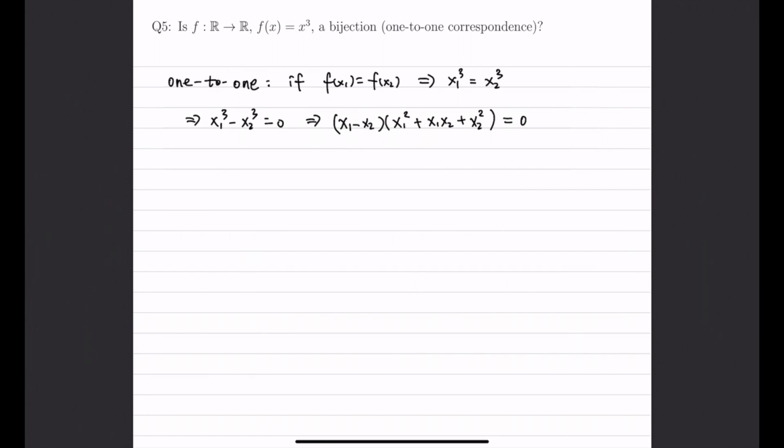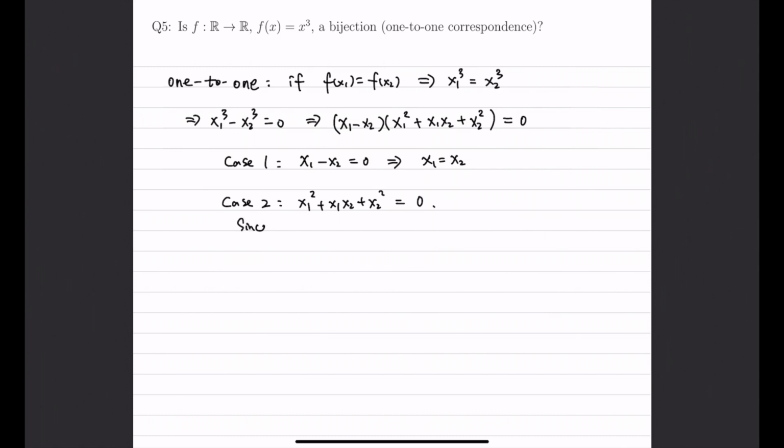So we have two cases. Case 1, x1 minus x2 is equal to 0, which implies that x1 is equal to x2. And then in case 2, we get x1 squared plus x1 x2 plus x2 squared is equal to 0. To see what this leads to, we will do a reformulation of this.